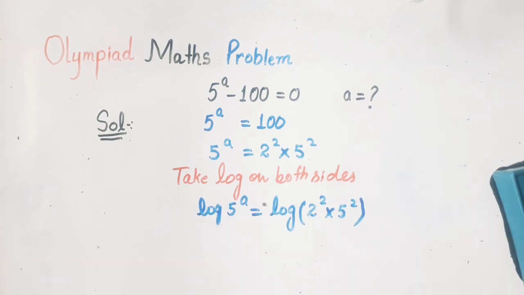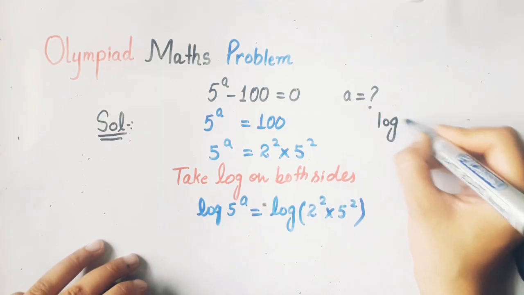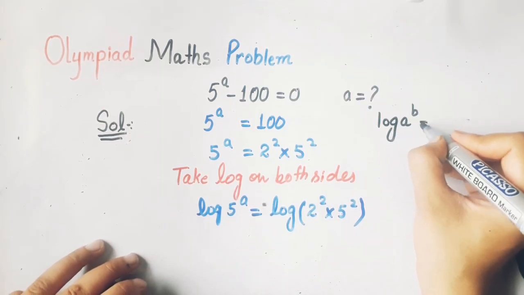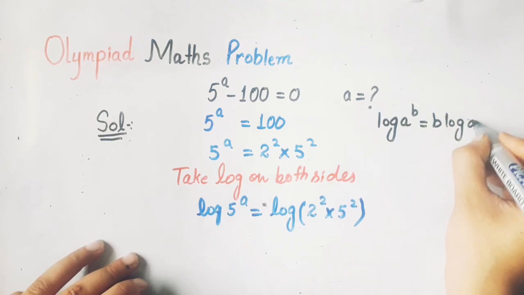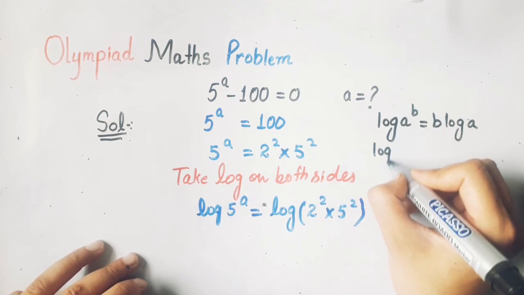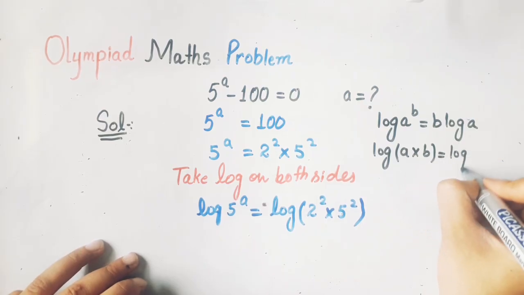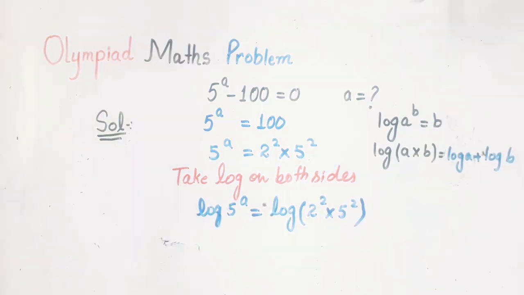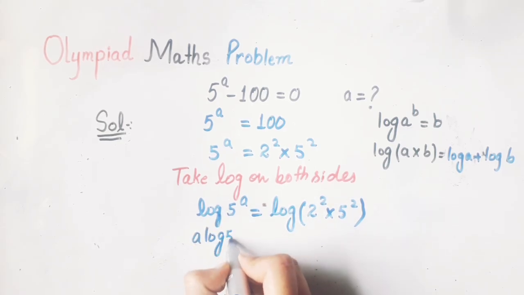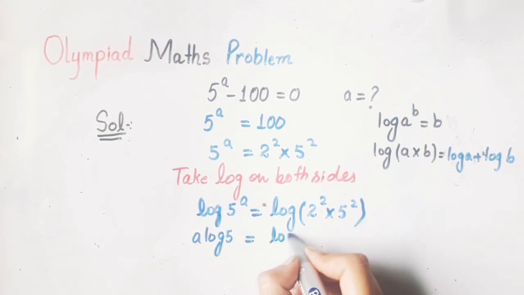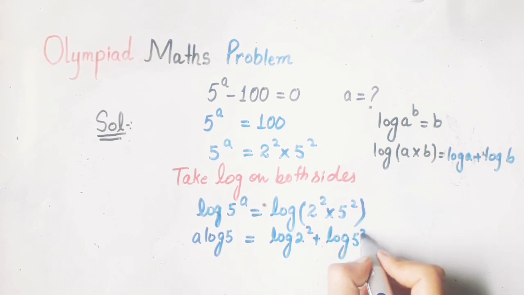Now we will apply the important rule of log here. According to that, log of a raised to power b can be written as b log of a, so the power is in the start. And we will apply the rule of log of a times b equals log of a plus log of b. So a log of 5 equals log of 2 squared plus log of 5 squared.